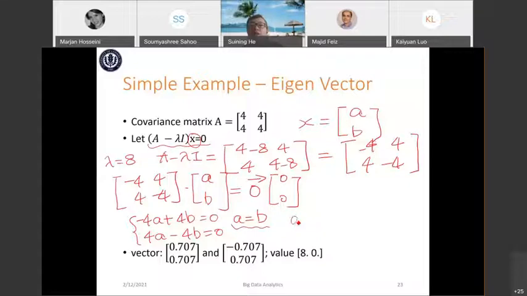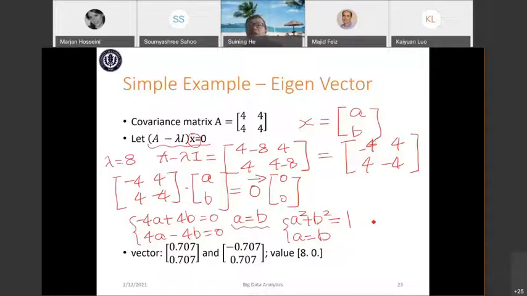And therefore, we know that a to the power of 2 plus b to the power of 2 should be equal to 1, meaning that the vector's length should be 1.